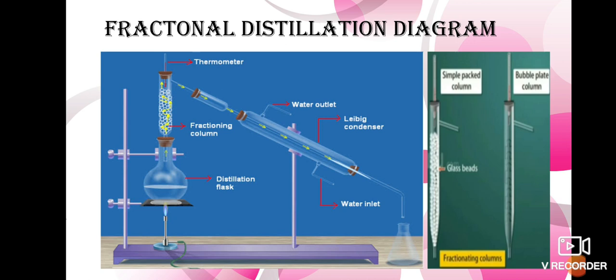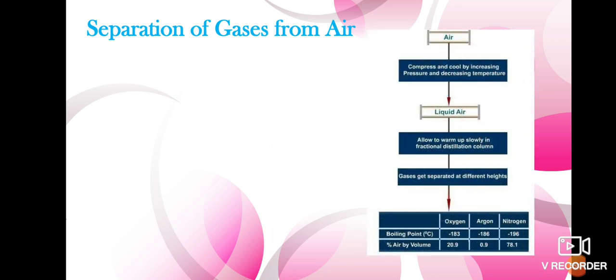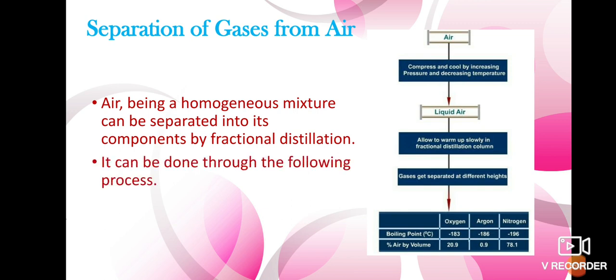Okay students, so by using this method we can also separate the gases from air. So the next topic is separation of gases from air. By using a fractionating column we separate the gases from air.